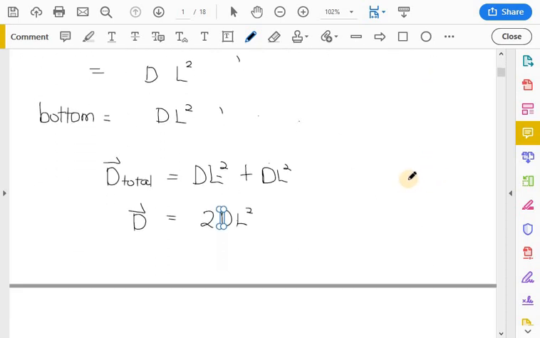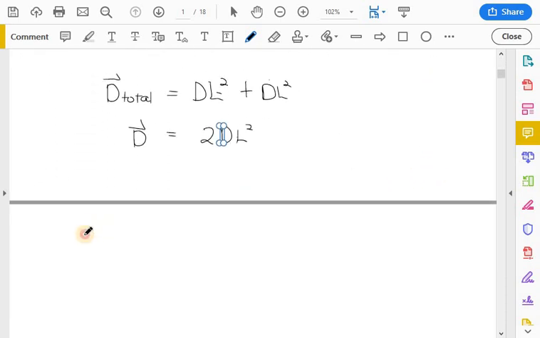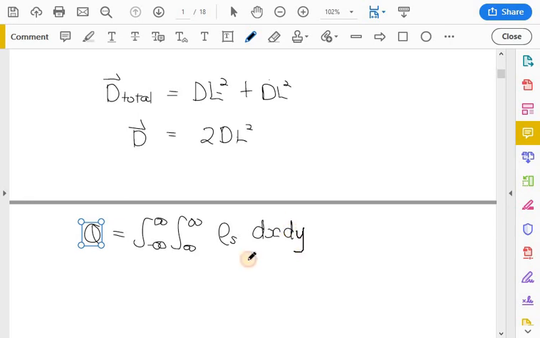Q. Actually, just now we tried the Q, right? Q is equivalent to the integration from negative infinity to positive infinity of the surface charge density, ds dy. So just now we mentioned the answer is rho s times infinity plus infinity, multiplied by infinity plus infinity.